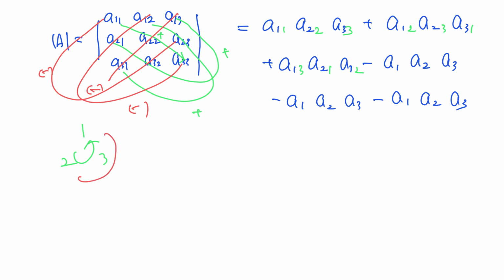Minus sign is in this direction. 1, 3, 2. 3, 2, 1. 2, 1, 3, right? So for the 3 by 3 case, determinant is very easy. You just follow which one is even or which one is odd. So this is even permutation. This is odd permutation.